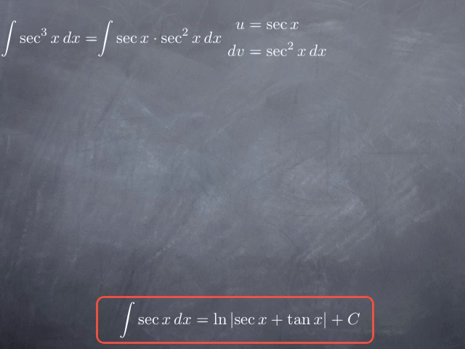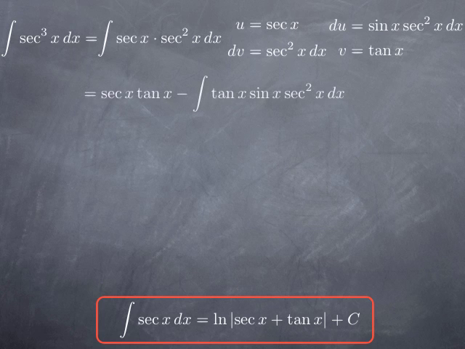So we can try to use integration by parts, differentiating secant x, integrating secant square x, and we obtain for du sine x secant square x dx, and for v tangent x. Using the integration by parts formula, we obtain uv, in other words, secant x times tangent x, minus the integral of v du, in other words, minus the integral of tangent x sine x secant square x dx.